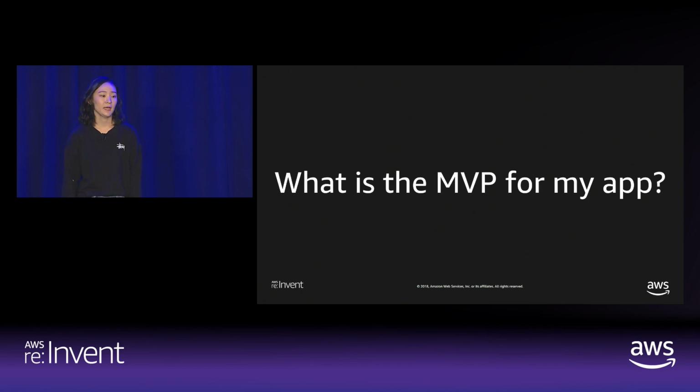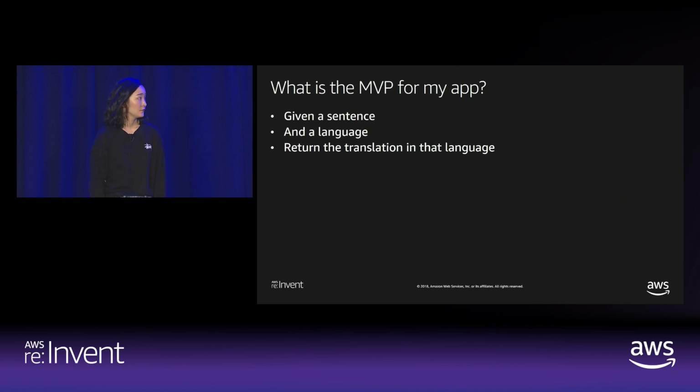So when you start building an app, it's important to start thinking about your MVP, meaning that's your minimal viable product. What is the minimum bare necessity that you need to make your app function? For my app, it needs to be able to take a sentence and a language and return a translation in that language.